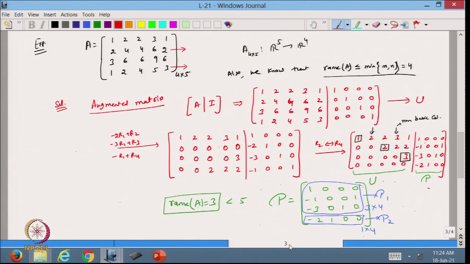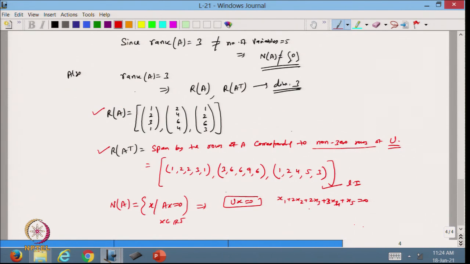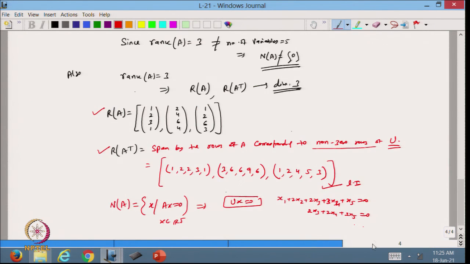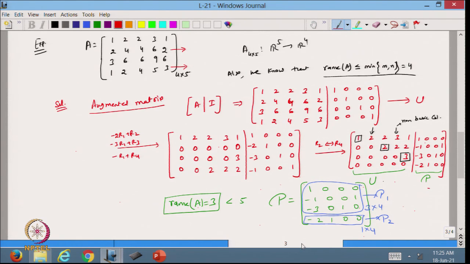And then from the second non-zero row it is 2x3 plus 2x4 plus 2x5 equal to 0, and then from the third row it is 3x5 equal to 0. So, this one we can write.